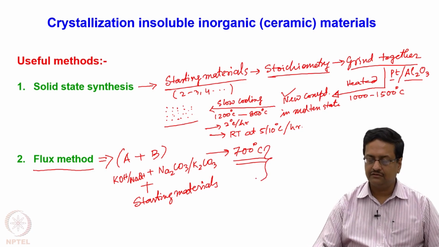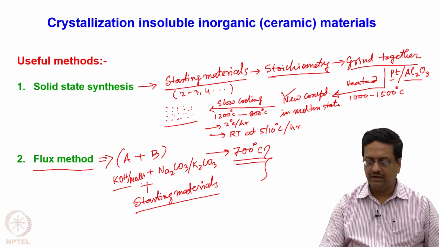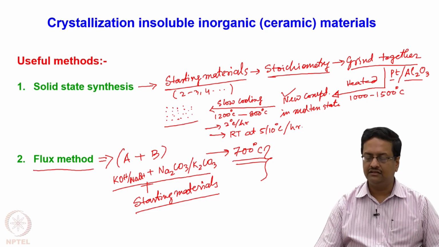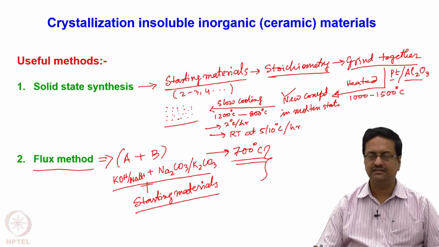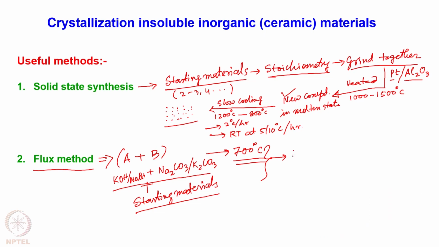The starting materials are ionic in nature. This flux melts at about 700 degrees centigrade. So those ionic compounds then dissolve in the flux at very high temperature, like 700 to 800 degrees centigrade, and then they react and form a new phase. And then the flux is once again cooled to room temperature very slowly, and we get a flux with some crystals embedded in it.